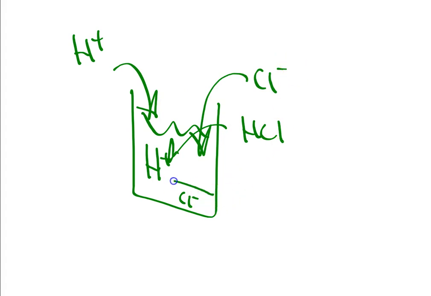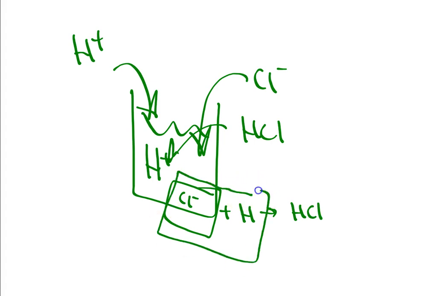Because the Cl has no ability to grab an H to form HCl. Because the Ka, which we're going to learn about, favors the ions or the products way more than the reactants.